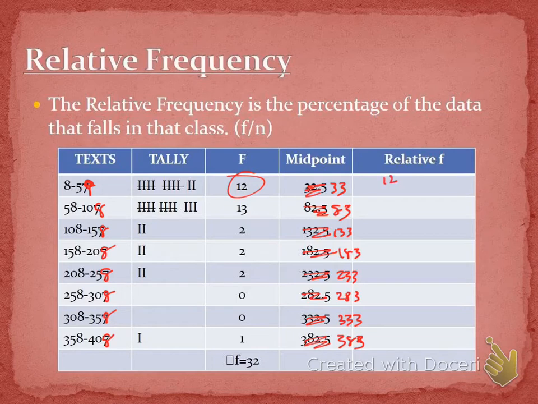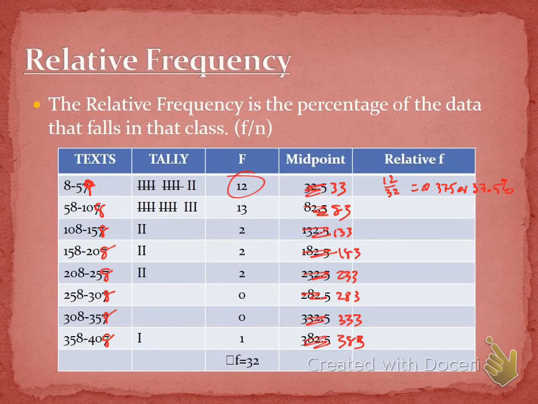So we take 12 and divide it by the total number of data pieces that we have, and that gives us the percentage of data pieces that fell in that first interval. So 12 divided by 32 gives us 0.375, or 37.5%.